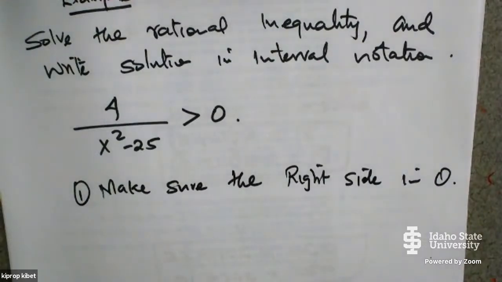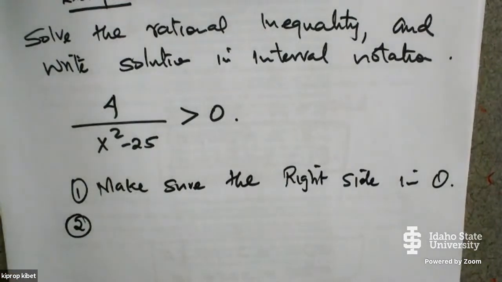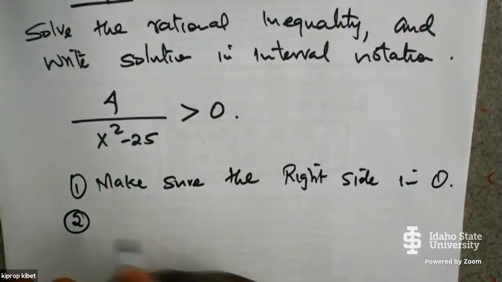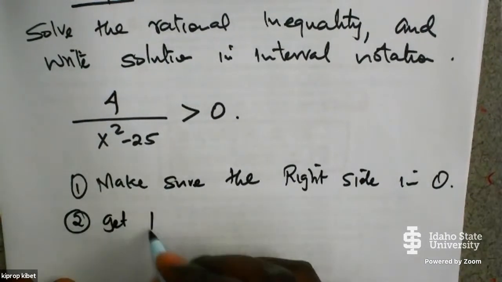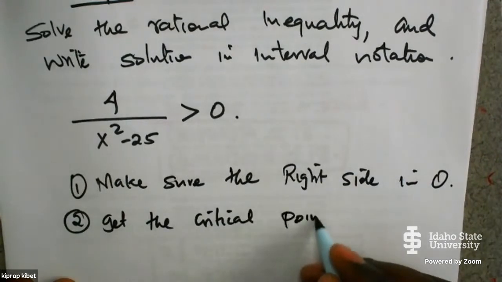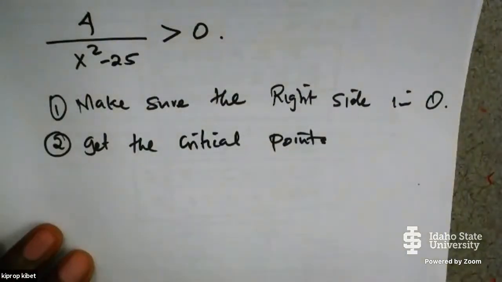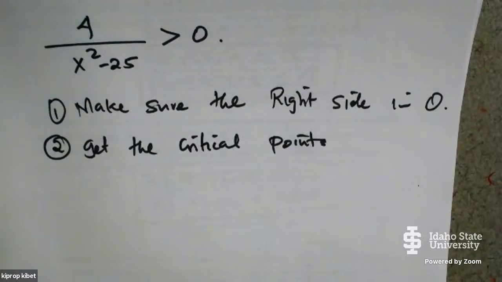Right. Okay. Number two, you now get the critical points. And the critical points are the points where this is equal to 0 or undefined.